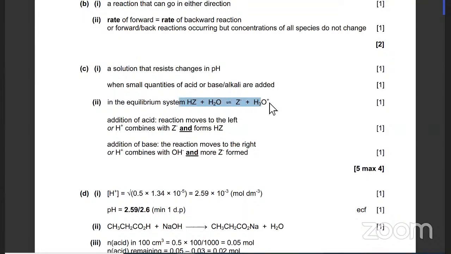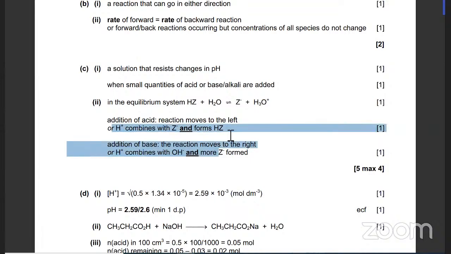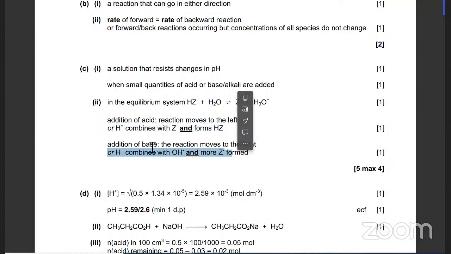Okay. I'm just saying, addition of acid, it moves to the equilibrium point as mentioned. H+1 combines with A-1 and forms HA. So this is where we wrote an equation. And here also H+1 combined more, over here we wrote an equation. Addition of a base. So these were two. They said to link it with equilibrium, so try linking this up with the equilibrium in this particular case.